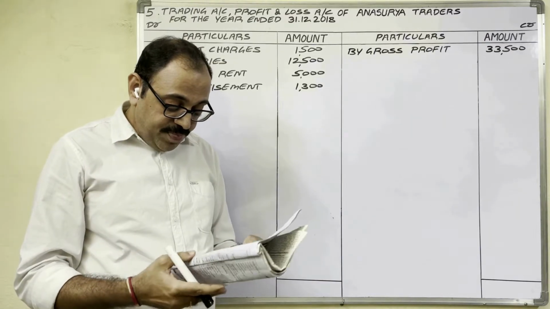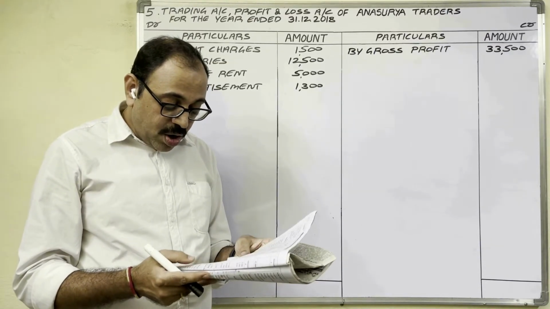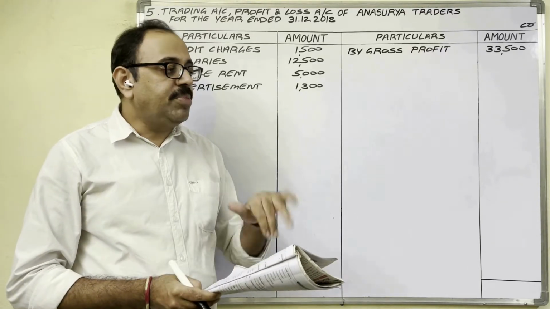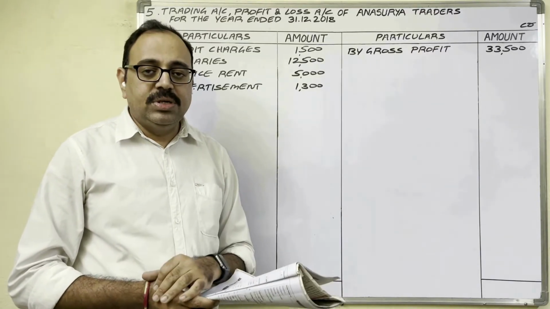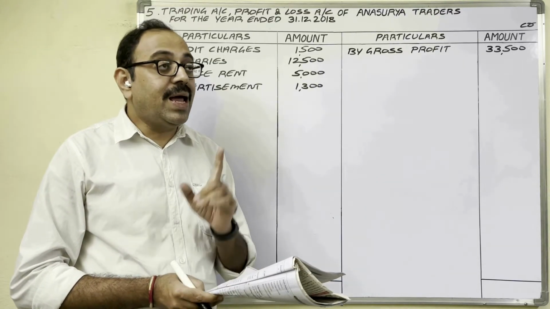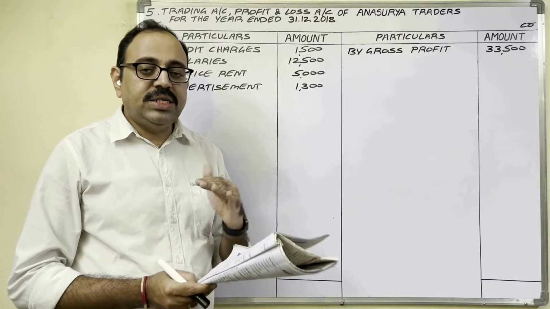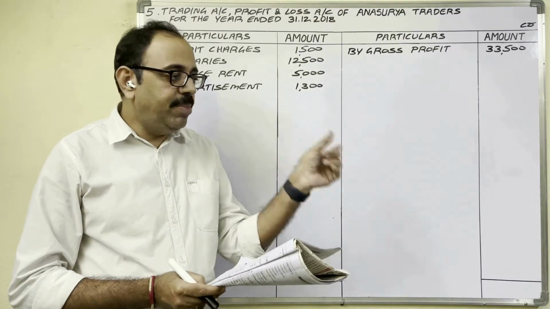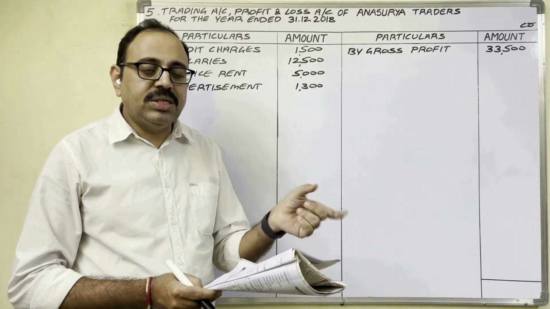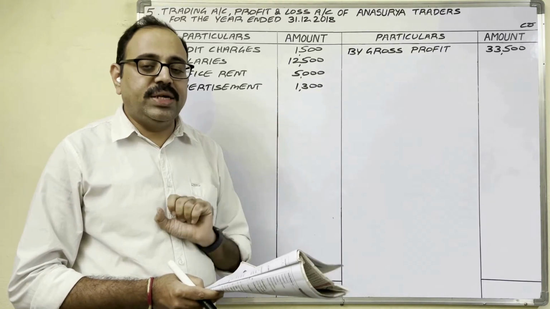Come to credit column. Bills payable, creditors, capital, commission. Commission is of 2 types: commission paid, commission received. He is giving commission in credit column. So you have to keep trial balance rules in mind. In trial balance we have 2 columns, debit and credit. Debit column contains assets, expenses, losses, drawings.